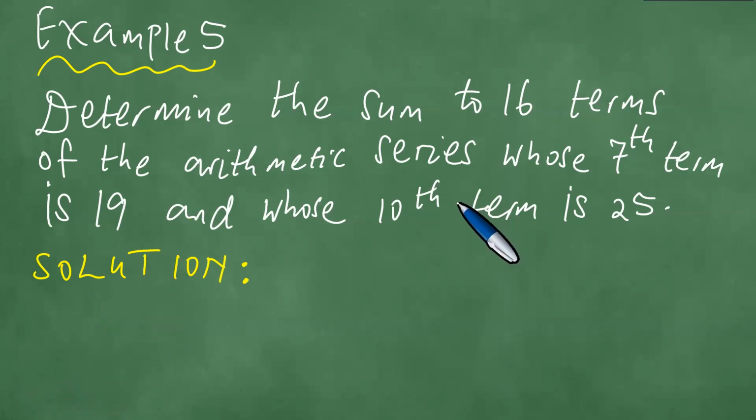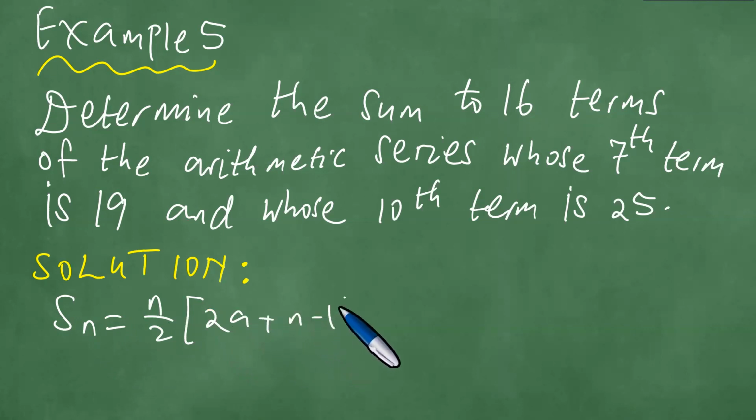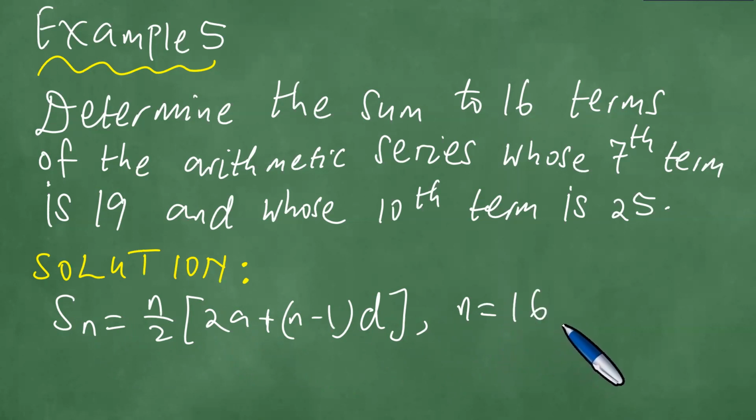We're looking for the sum to 16 terms, so we use the SN formula, which is n over 2 into twice a plus n minus 1 into the common difference. So it's a sum to 16 terms, meaning n is 16.